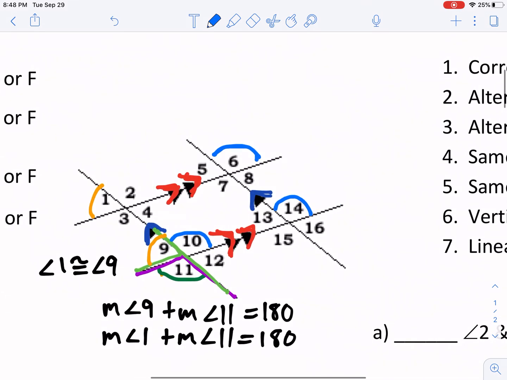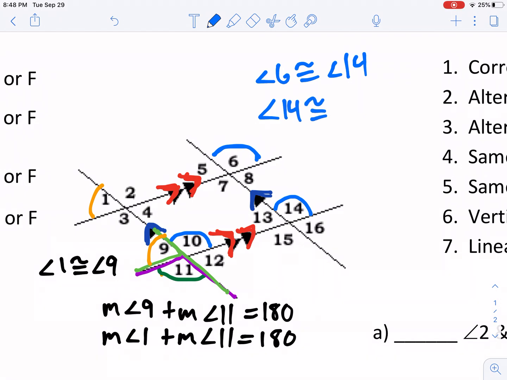So far I know this: angle 6 is congruent to angle 14, and angle 14 is congruent to angle 10 because of corresponding angles. Then notice, what's the relationship between angle 10 and angle 11? Those are vertical angles.